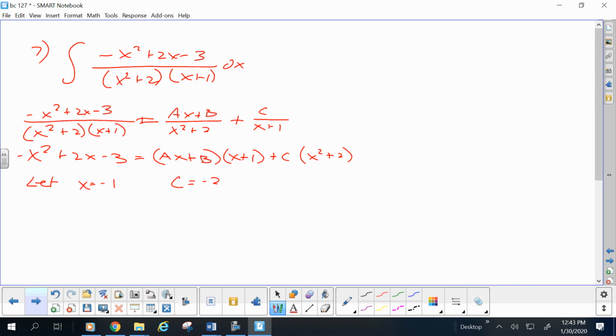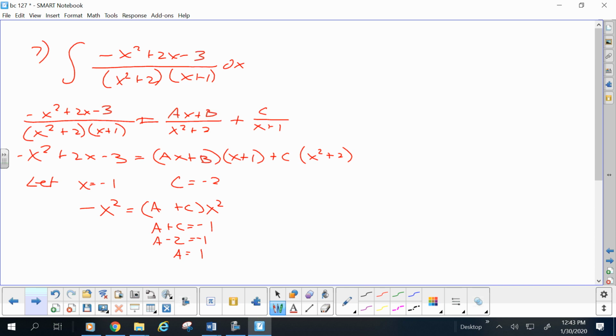You set the number of x squared. Negative x squared equals how many x squareds on the right? a and c. So that implies a plus c is -1. If c is -2, then a minus 2 is -1, which means a is positive 1.